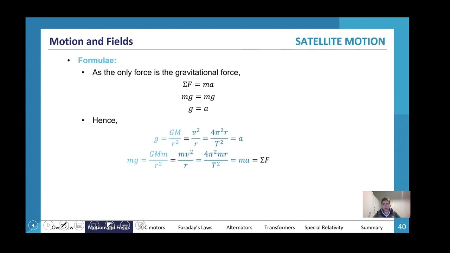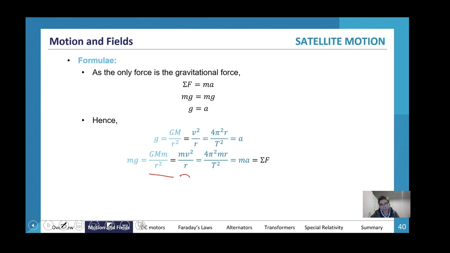But going back to what we said, the satellite orbits in a circular motion, therefore it's going to experience centripetal force, so the weight force acting on the satellite must be the centripetal force. It means that we can equate those two. We can say that the weight, GM multiplied by lowercase m divided by r squared, is equal to mv squared on r.